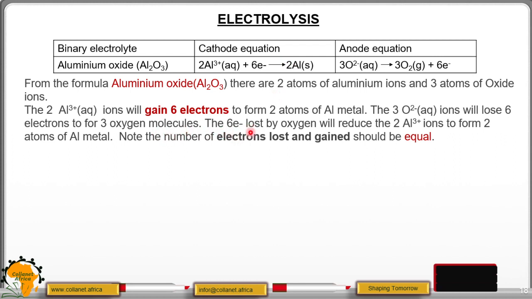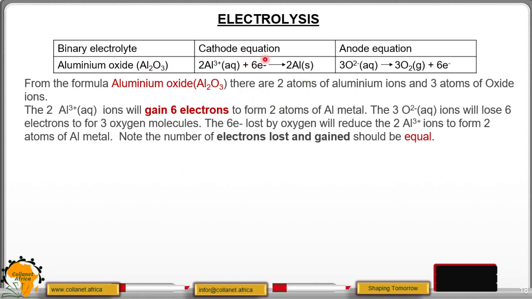The 6 electrons lost by the oxygen will reduce aluminium to form 2 atoms. Now, for the 2 atoms of aluminium, the 3 oxide ions are required to lose 6 electrons to form 3 oxygen atoms, because we have 3 of them here.